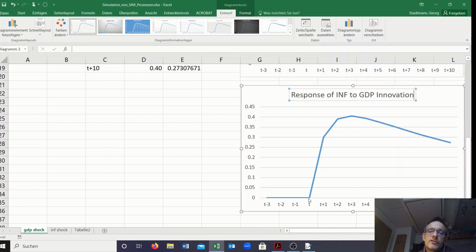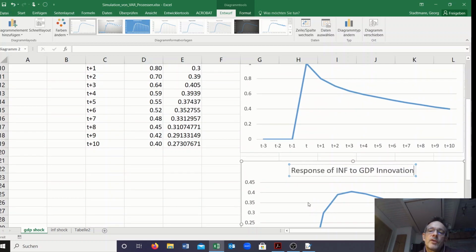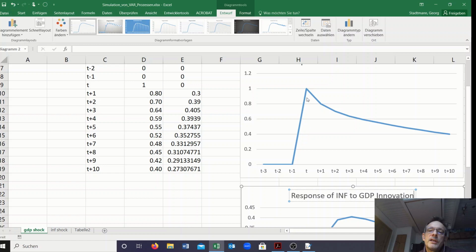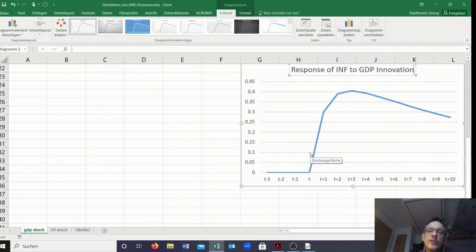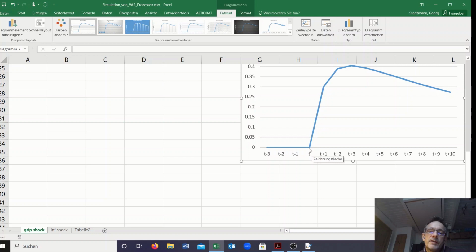What is interesting here is that there is no shock in period T because the shock in period T only affects GDP and not the inflation rate. Inflation rate is 0 in period T. But then in period T plus 1, the inflation increases to the value of 0.3.